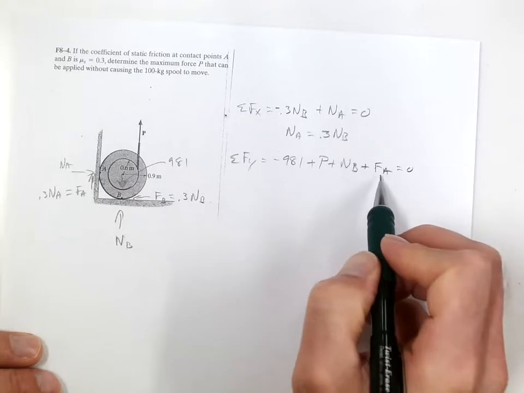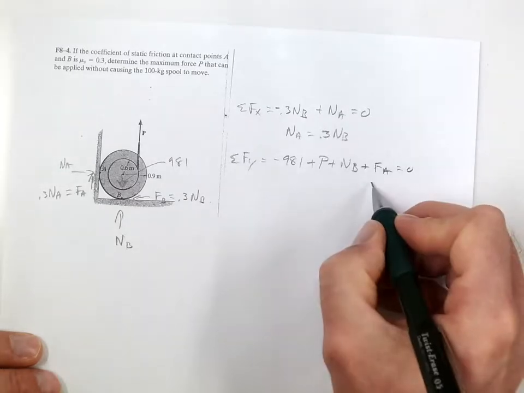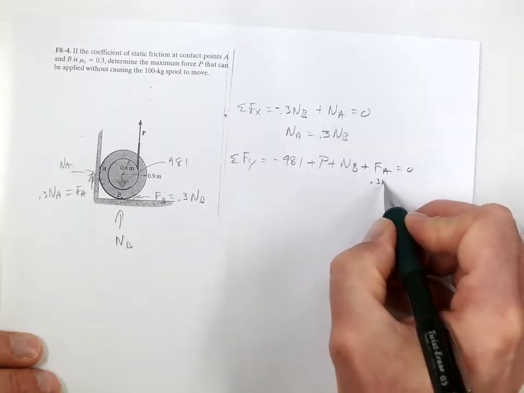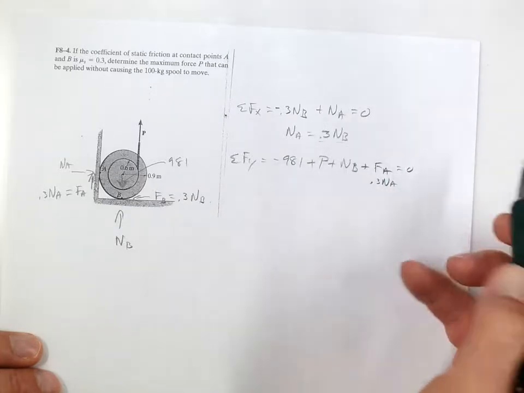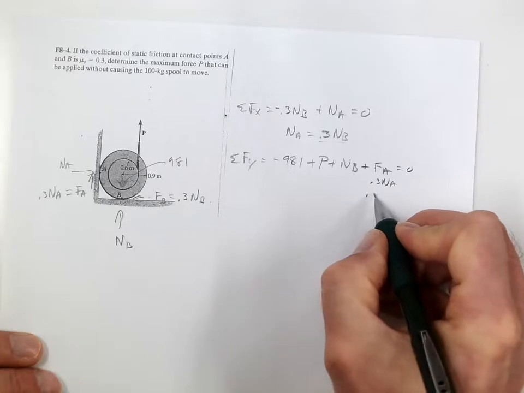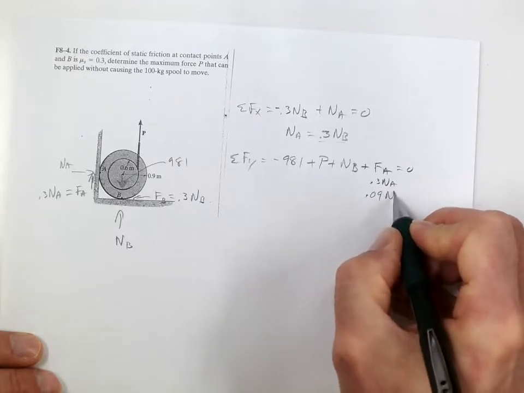So for FA, we can put in 0.3 NA, and into that we can put in 0.3 NB, so that's 0.09 NB.